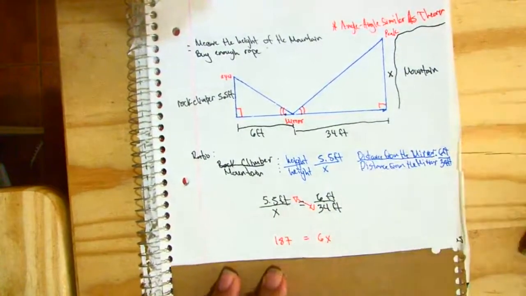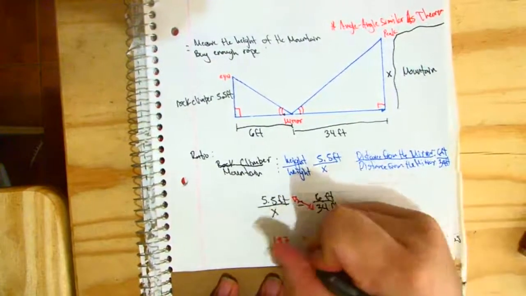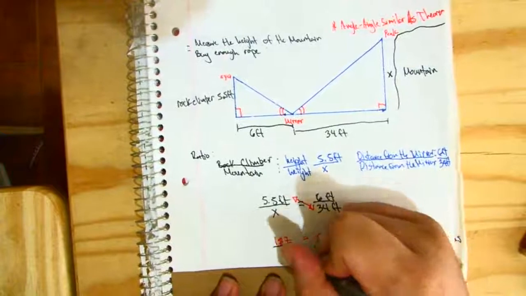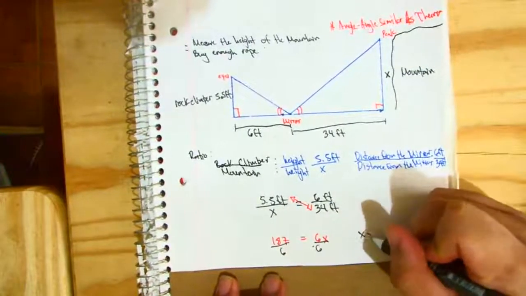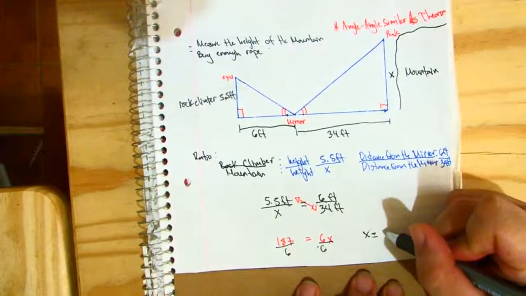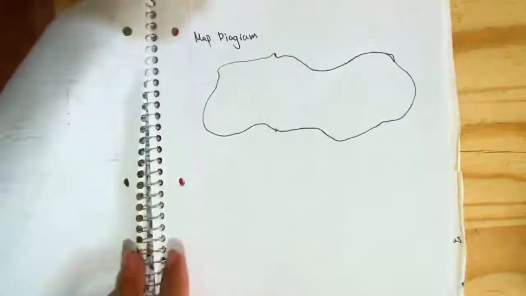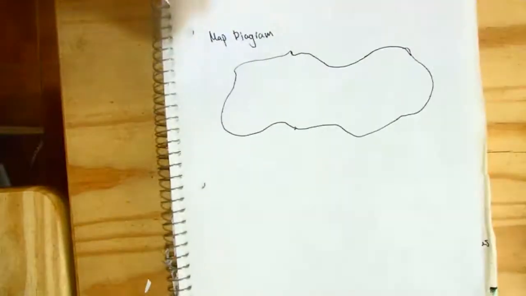The last step is to divide by 6 on both sides, and x equals 31.17 feet.